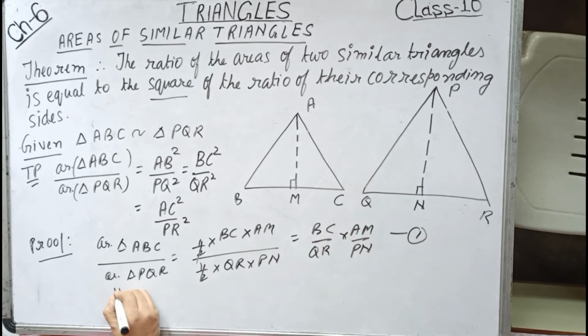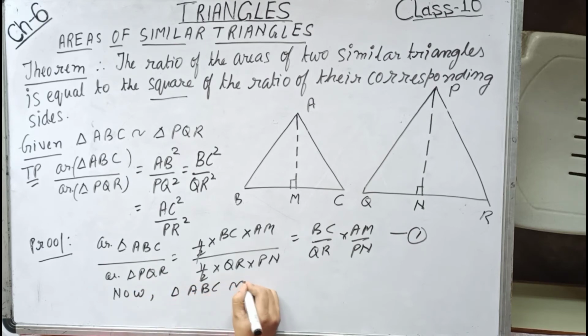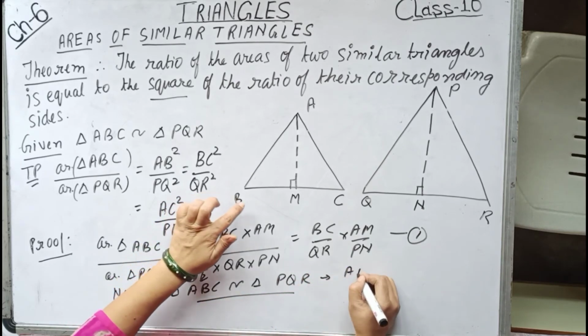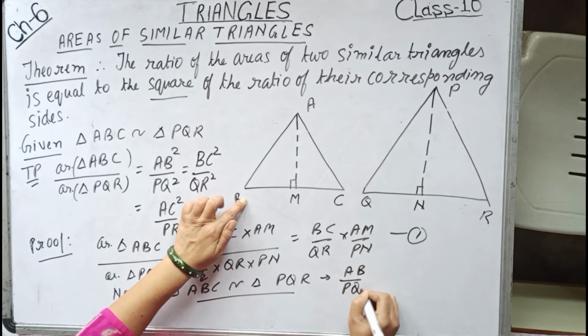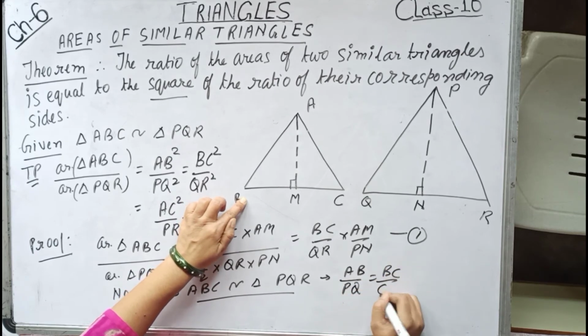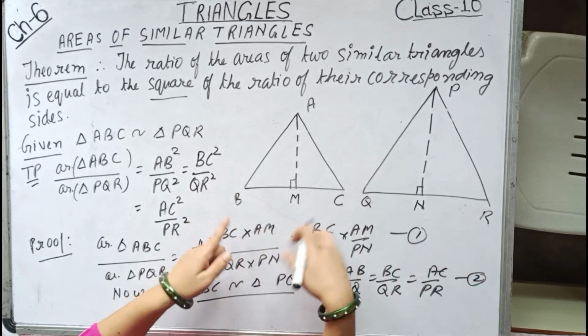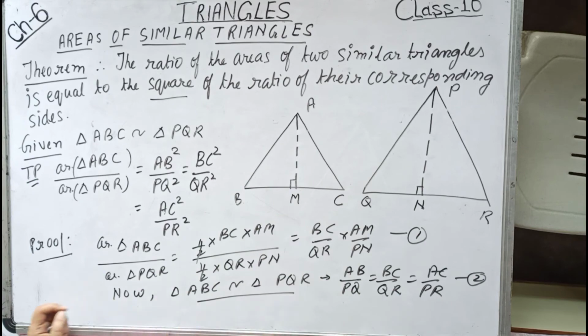So now triangle ABC is similar to triangle PQR. Now if they are similar, we can write over here that AB by PQ equals BC by QR equals AC by PR. Let us make it equation number 2. Also all the angles will be equal.